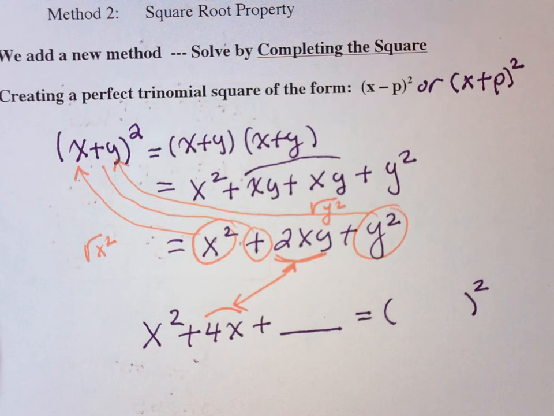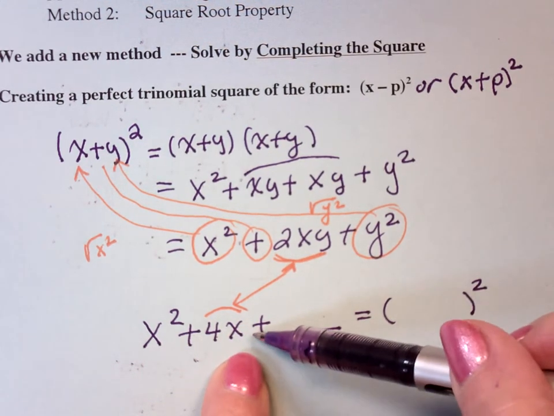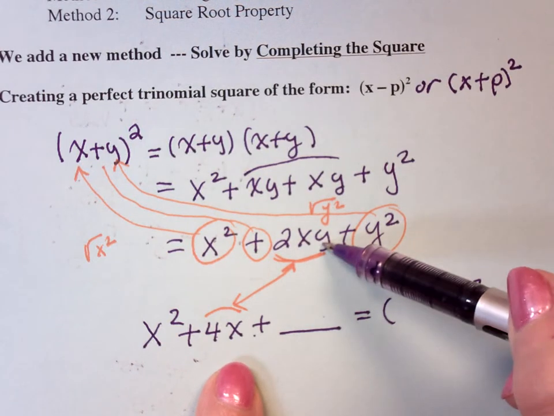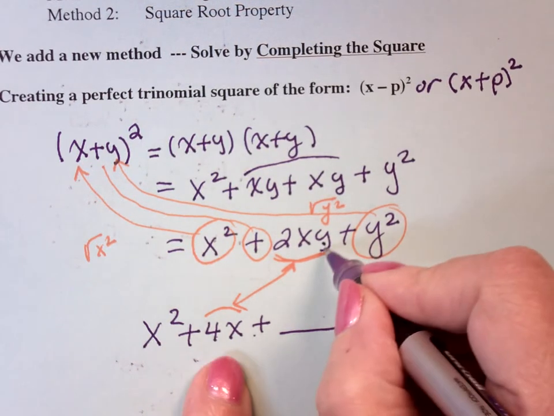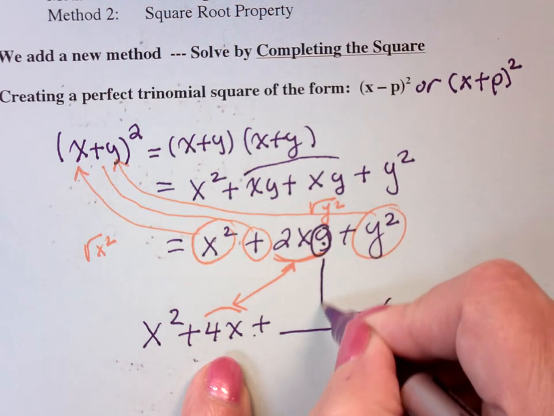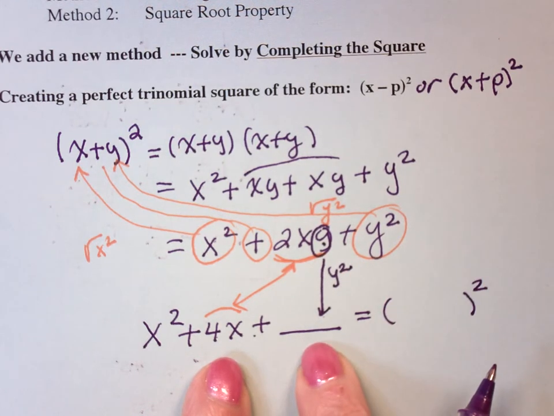That says, when I look at the middle, it's got a 2 and an x and a 1, essentially. 2x. I want this guy, because when I square him, that's what goes here.